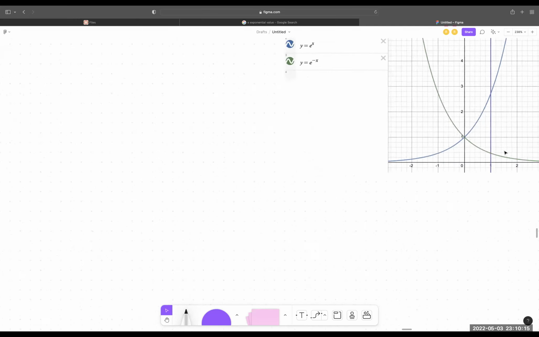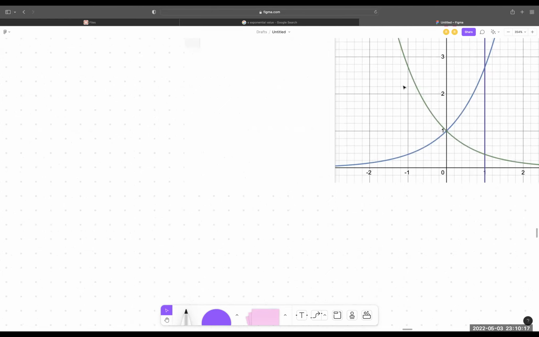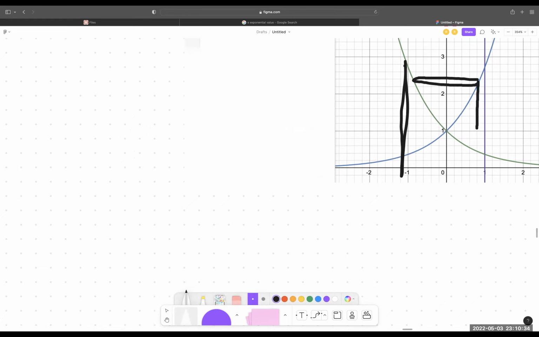And if we look closely, we would have something like this on the other side. It's sort of replicated, right? When it sweeps through. And for any given shell, the height would be the difference between the top curve and the bottom curve, right?